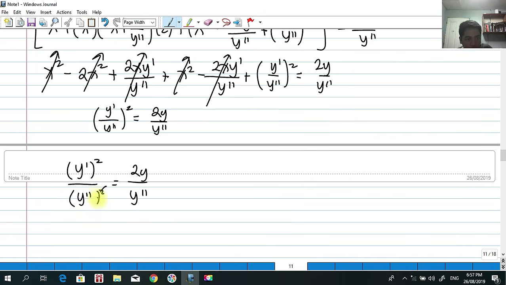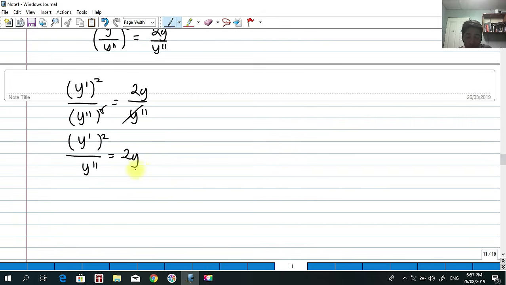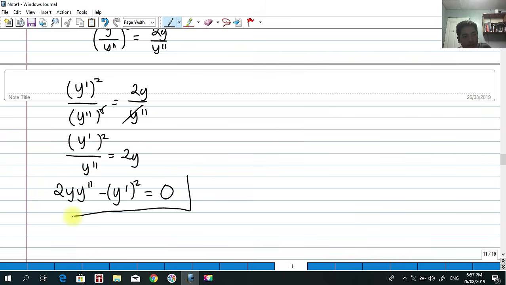So, we can cancel out this. Okay, what will happen is that we have y prime squared over y double prime is equals to 2y. So in other words, simplifying this will give us the differential equation for this family of curves. So we have 2y y double prime minus y prime squared is equals to 0. And this should be the differential equation of the family of curves asked by our problem.